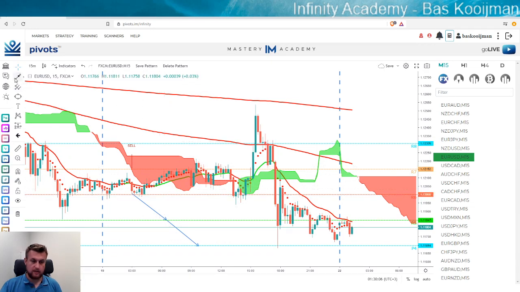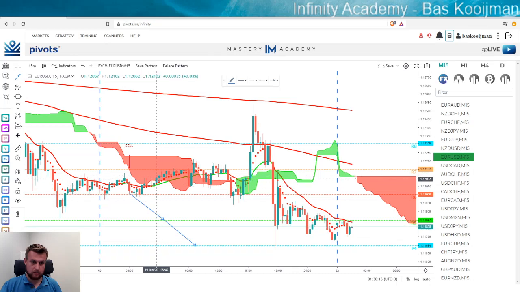Now, one of the things that I think is very good to see is that when that entry price line turns from red to green, and you see a couple of candles going into the wrong direction. So here you see a couple of candles going into the wrong direction.